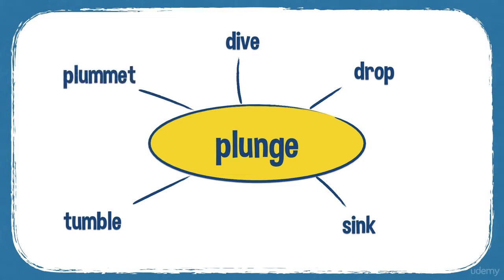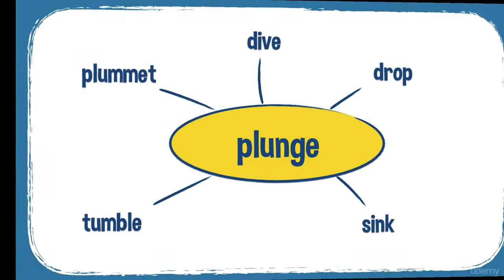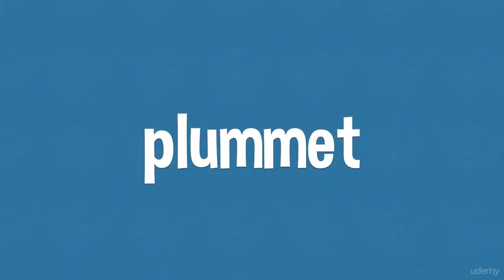And this nice word, plummet. Plummet is even faster and more dramatic than plunge. So if you jump out of an aeroplane with no parachute, you will plummet to your death very fast, I'm afraid. Share prices, for example, plummeted during the Wall Street crash of 1929.